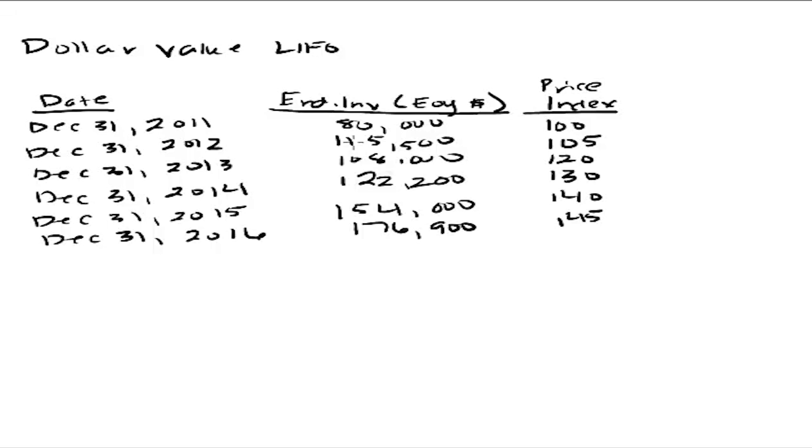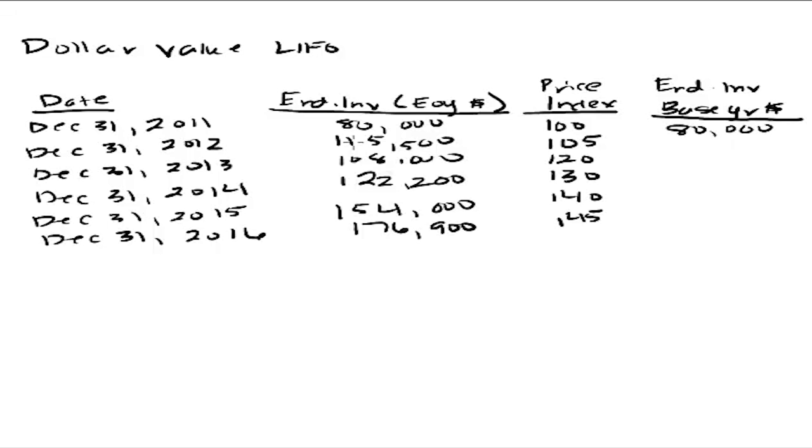So the first thing we want to do when we look at dollar value LIFO is convert these numbers into base year pricing. So that's what we're going to use the price index for. So let's get ending inventory at the base year price. This is the base year, so this one is going to be the same, but the way we find that out is we're going to take the $80,000 and divide it by 100%. But again, still going to be 80,000 because that is the base year.